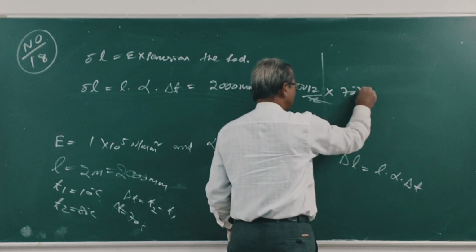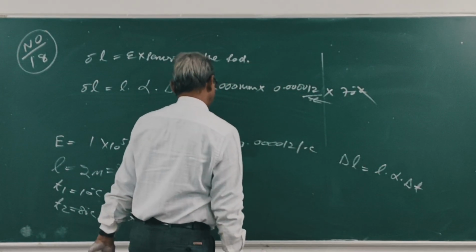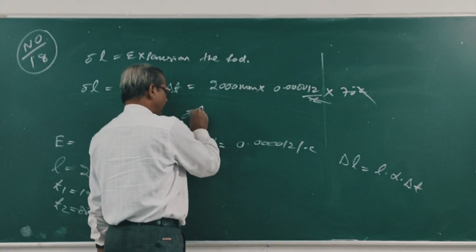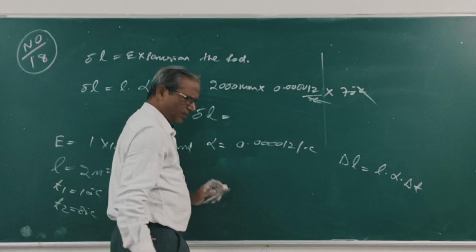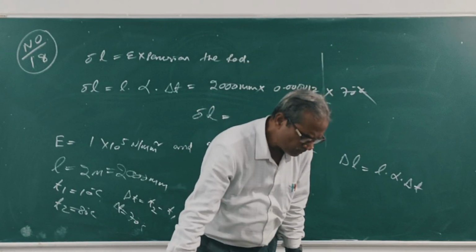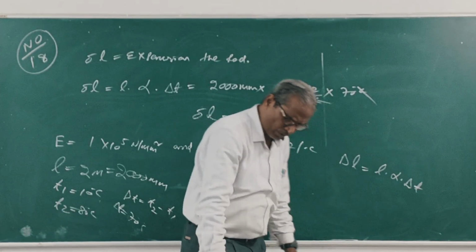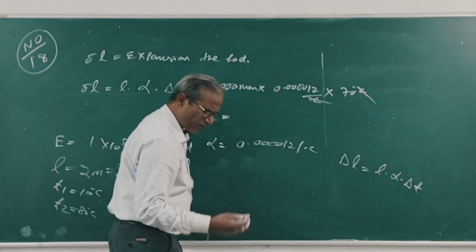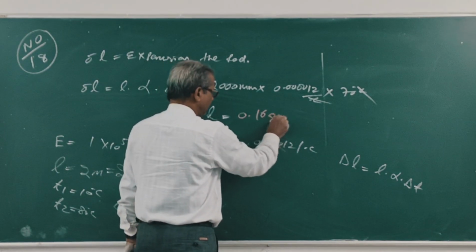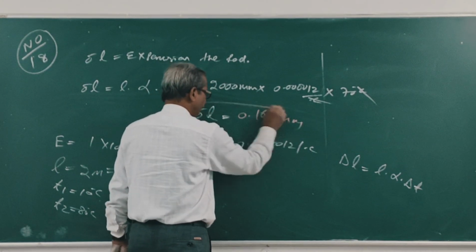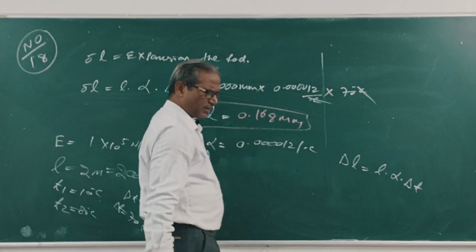Degree centigrade cancels out. Find out delta L. Clear? Use calculator. Solve the problem. The delta L becomes 0.168 mm. You solve the answer. Clear?